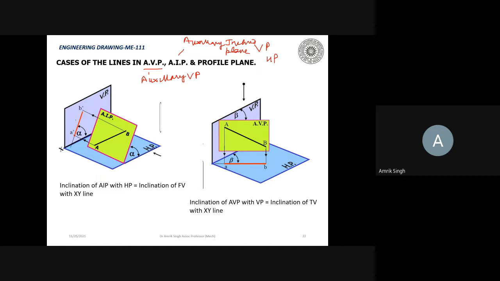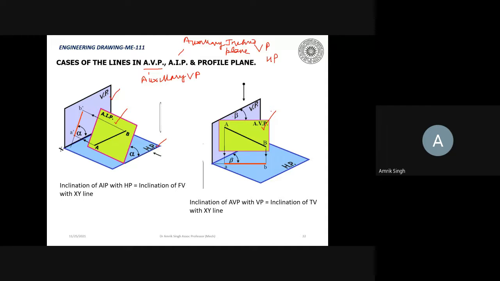We know now what is the vertical plane and what is the horizontal plane. If a plane is inclined to HP, it is the auxiliary inclined plane. If it is inclined with VP with angle beta, it is the auxiliary vertical plane.